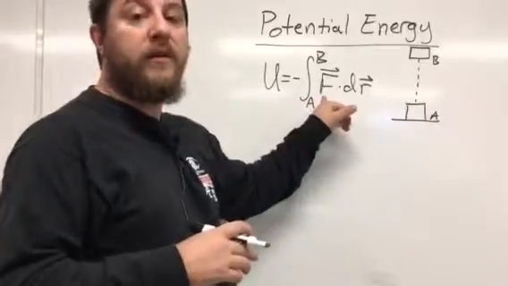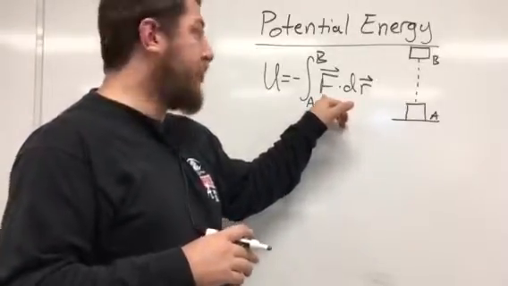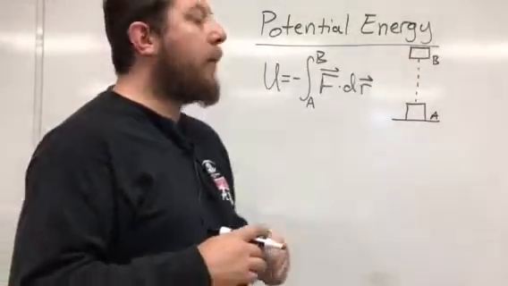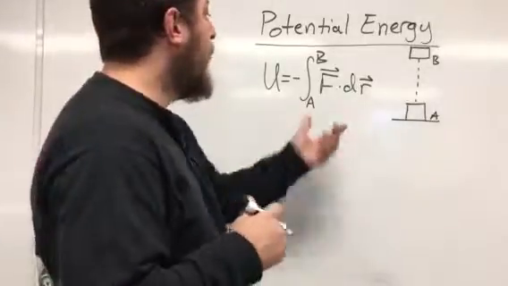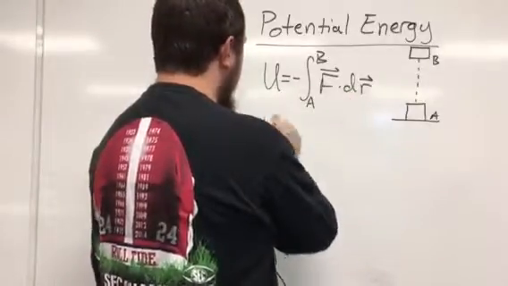Now the force that we're working against is gravity, so this is going to be negative mg, and dr is upward, and so mg and dr are anti-parallel, and I can simplify this equation in that situation.